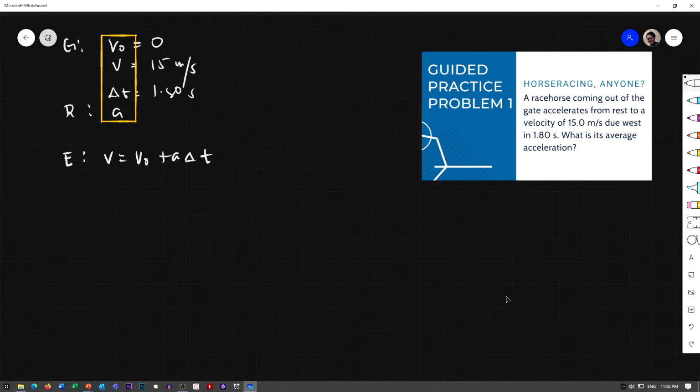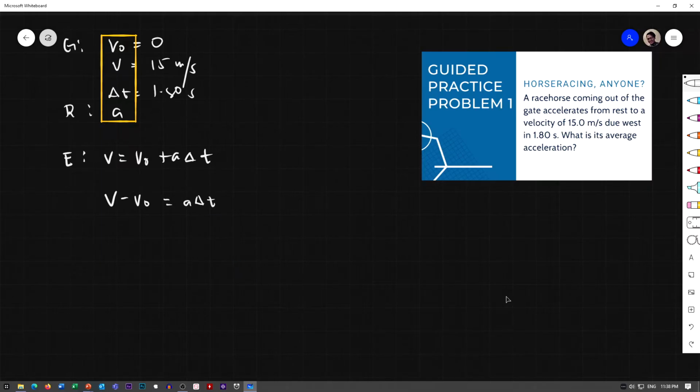In this case, we're looking for acceleration, so we want acceleration to remain as a single variable on the right-hand side of the equation. This is separated by addition, so transpose v sub 0 to the other side. v minus v sub 0 is equal to a delta t.